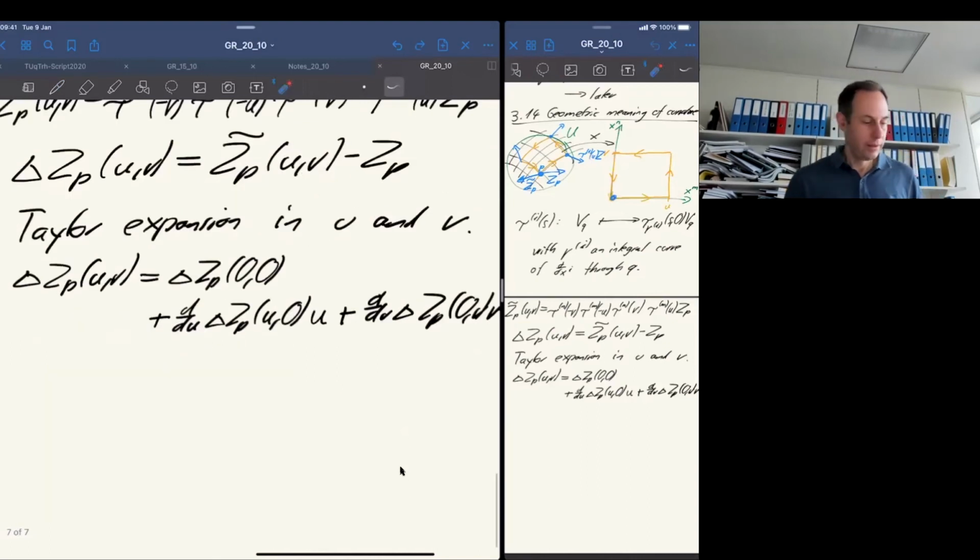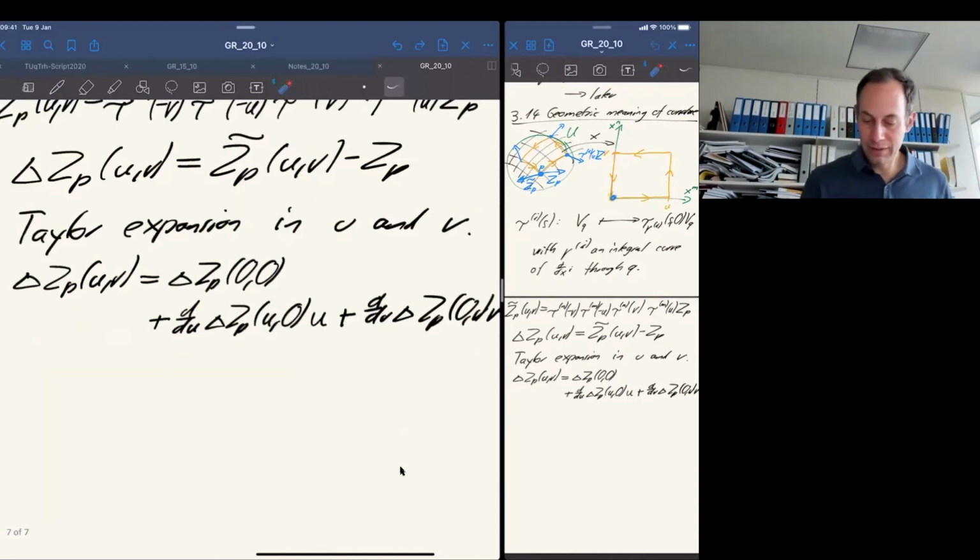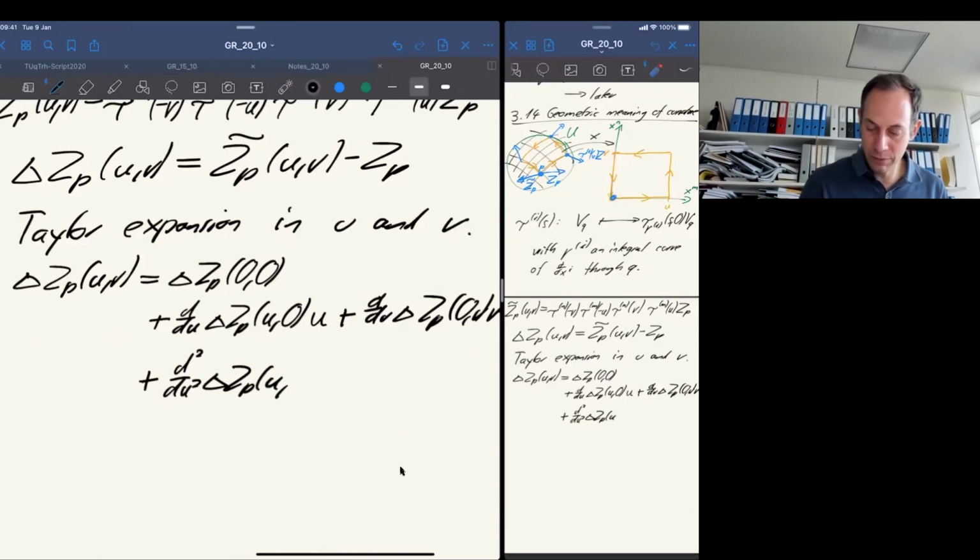Okay, then the third, I have, of course, a second order. So, for example, d to the d u squared, delta zp u0, and then times u squared. And then I also have a term d squared to the dv squared. Actually, there should be a 1/2, I guess, in the Taylor expansion.